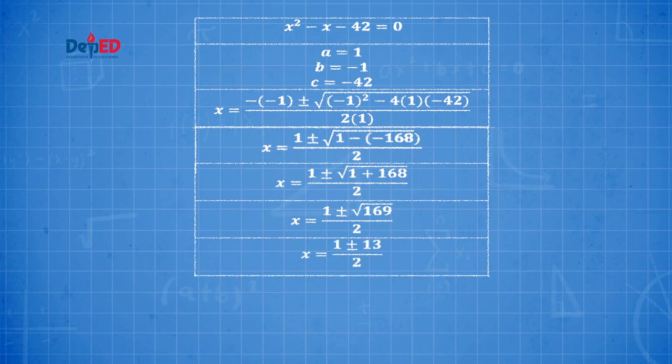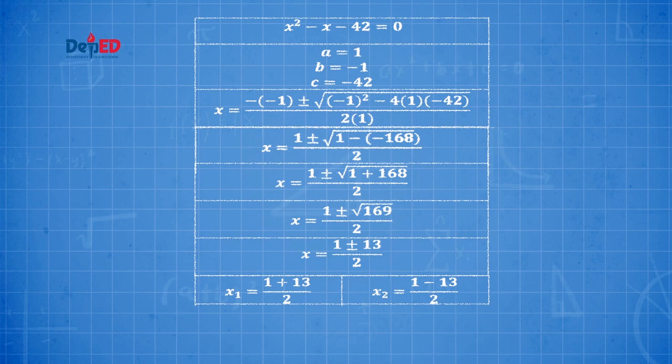Hence, the value of x is simplified further as 1 plus minus 13 all over 2. Then, we break down. X sub 1 equals 1 plus 13 all over 2. X sub 2 equals 1 minus 13 all over 2.